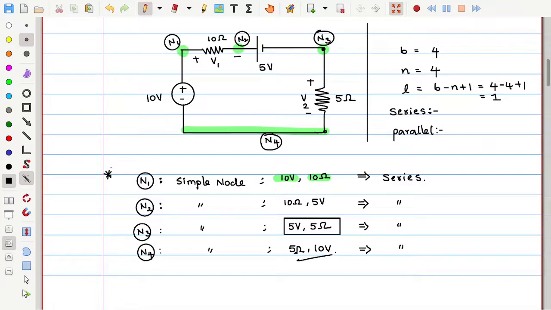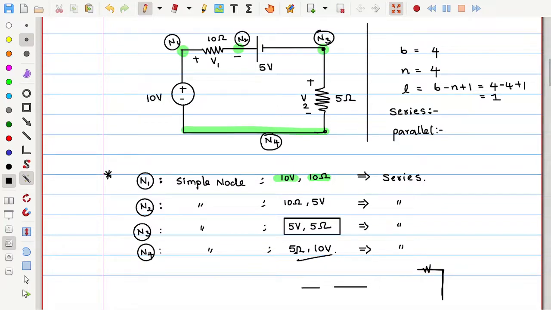Many students fail to identify this. What they usually think is that if something is in a sequential manner, in the same line, and one more element is there, then those are in series. But see here, the 5 volts and 5 ohms are not in that shape. The shape is like a reversed image of the L shape.